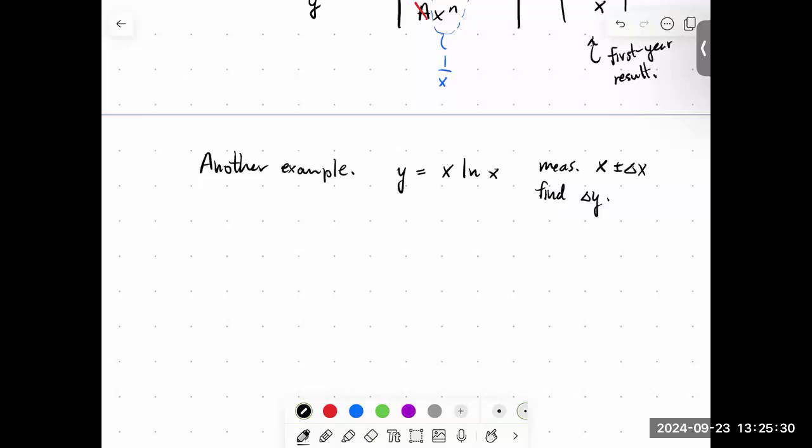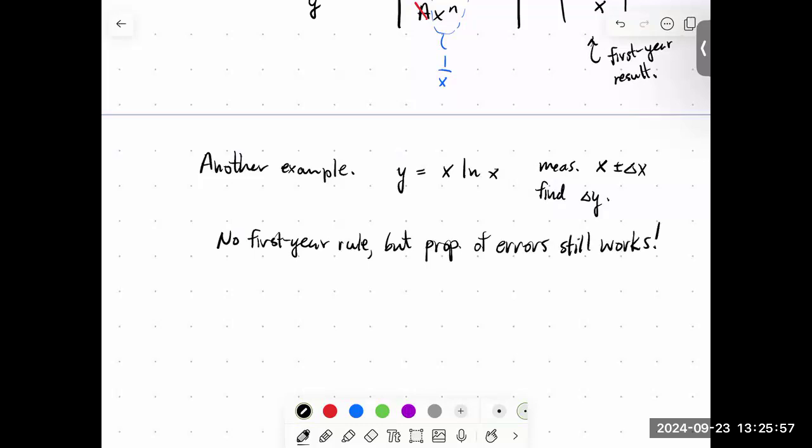But propagation of errors doesn't care. It says, can you take the derivative of this function? If you can take the derivative, we can evaluate the uncertainty in y. So there's no first year rule, but propagation of errors still works.